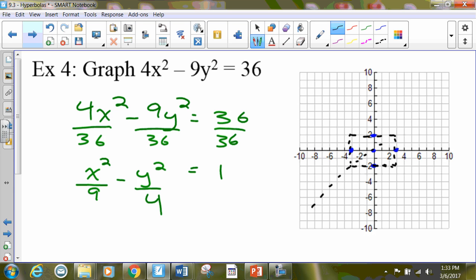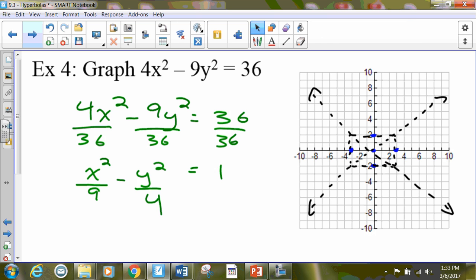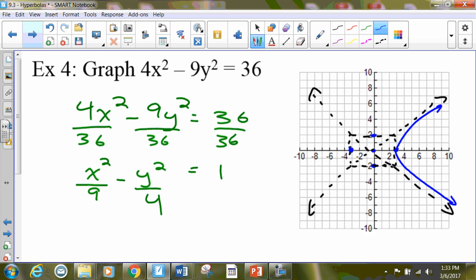You have to draw the box. Is our graph complete without showing our foci? No, let's find the foci.